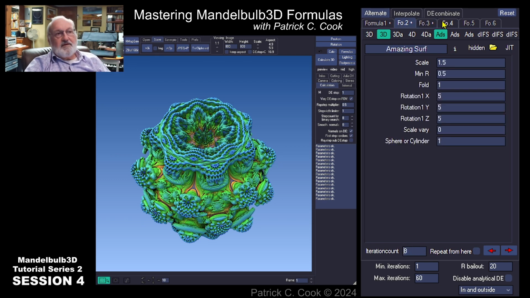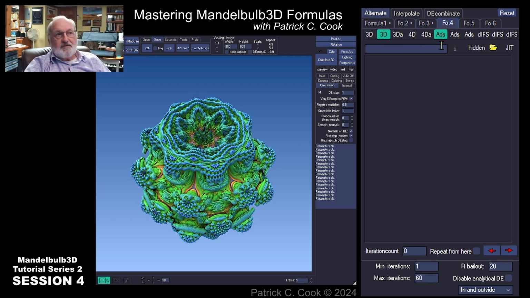If I go to a formula slot that does not have a formula assigned to it, and you can see that because this is all empty, I have an iteration count of 0. The reason is that there is no formula that will be executed for formula slot number 4 in this case. Obviously, no formula, no iteration.